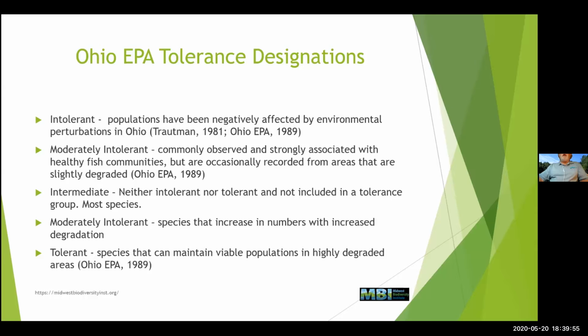They generally have declined with more human intervention in the streams, so we generally like to see them. And then the tolerant, those species generally increase with human intervention. And the intermediate, they don't have a designation.